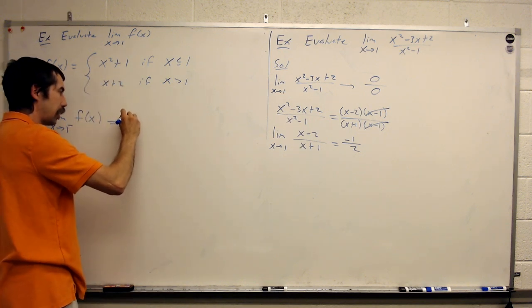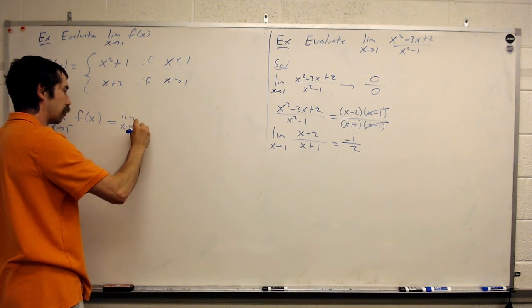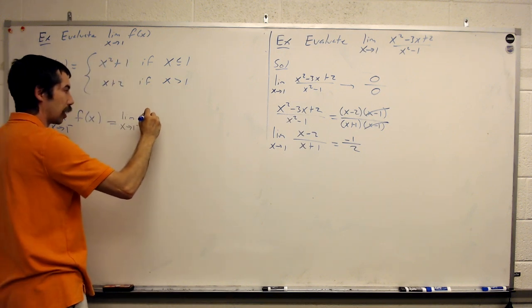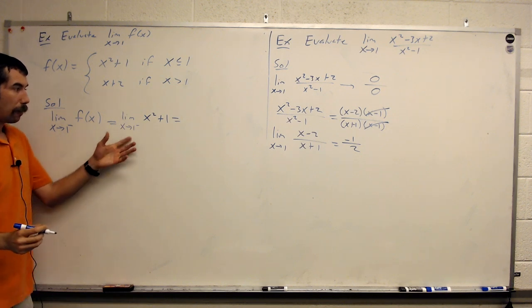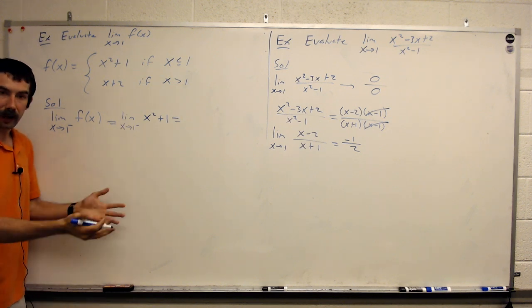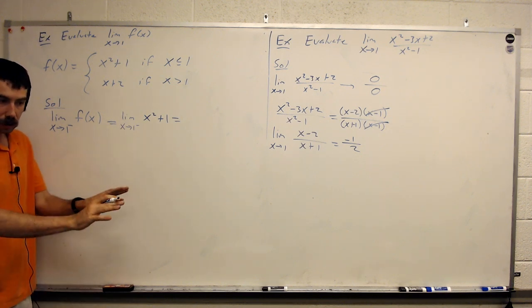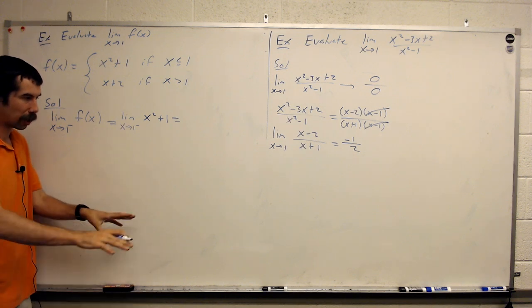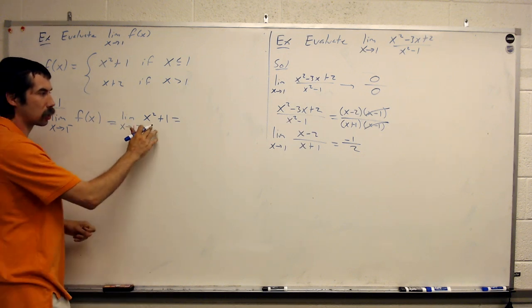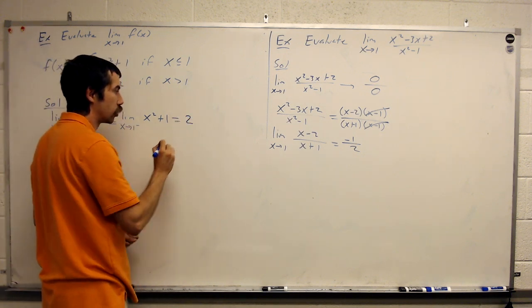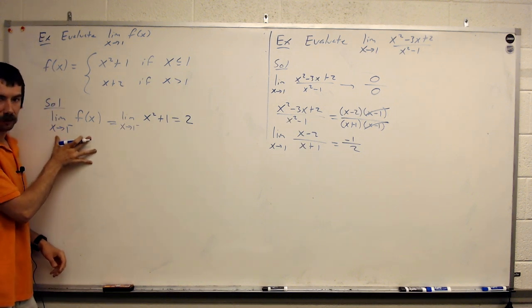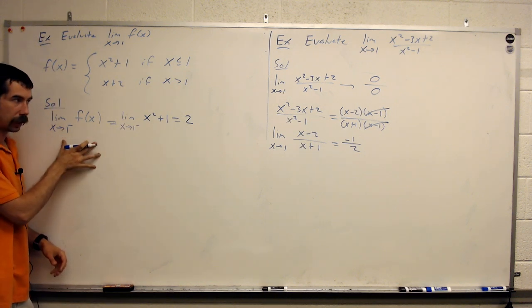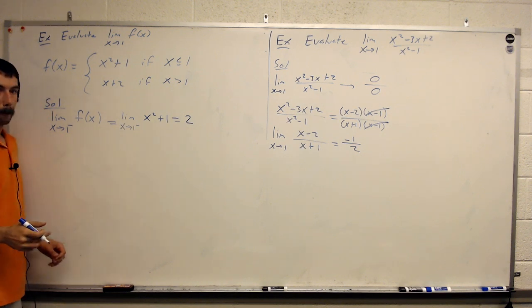So that's the limit as x goes to 1 from the left of x squared plus 1. We could evaluate this by just plugging the number in. There's no denominators to worry about. So we plug in 1 and we get 1 squared plus 1, which is 2. So the limit from the left of our function is 2.